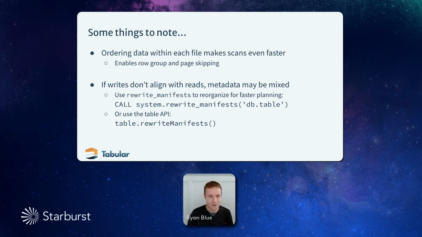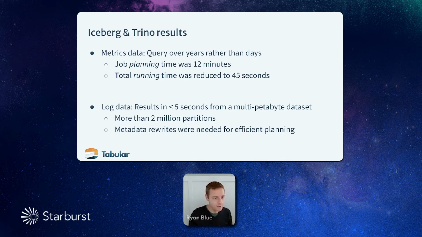You might have to use Spark for this, but you can also always go back to the table API, call table rewrite manifests, and recluster the metadata of your table to align with reads. This is one thing that we did to get incredibly fast queries. So that's the setup for my results page.